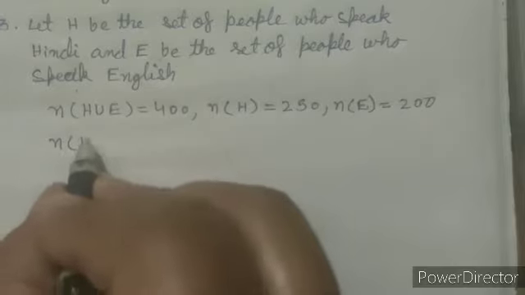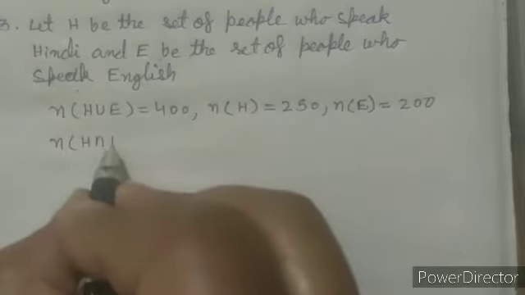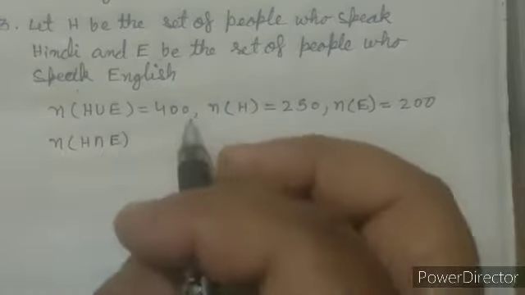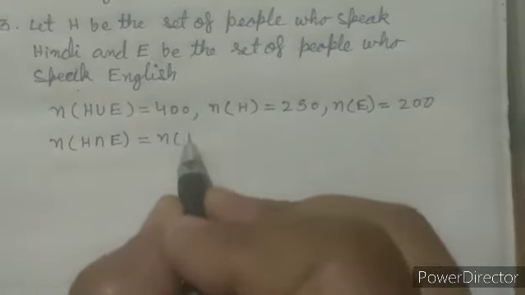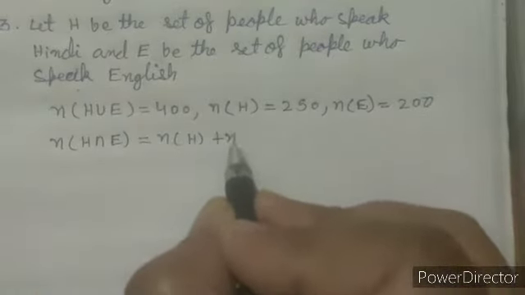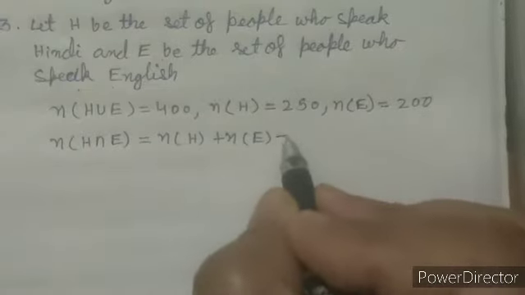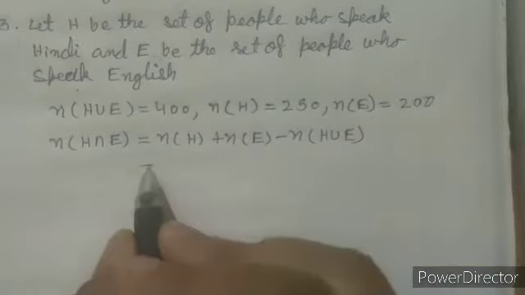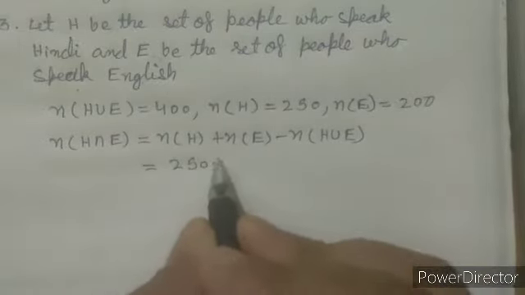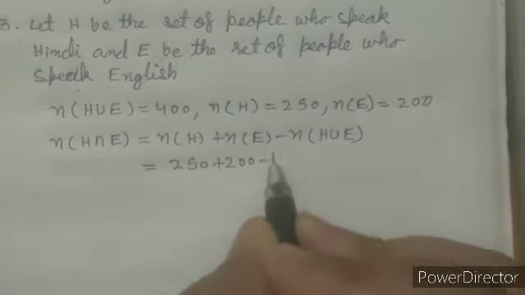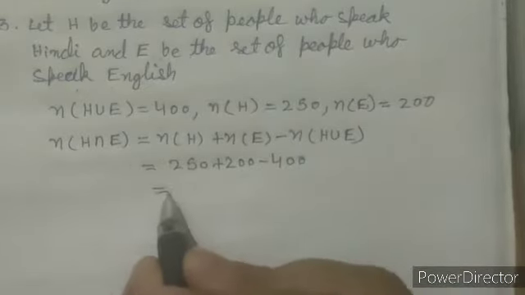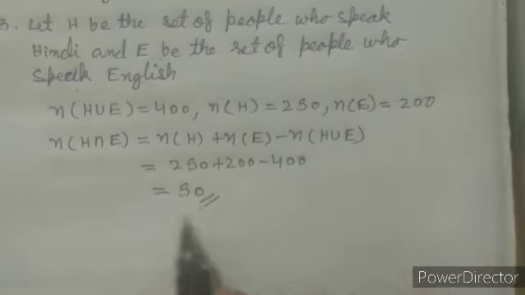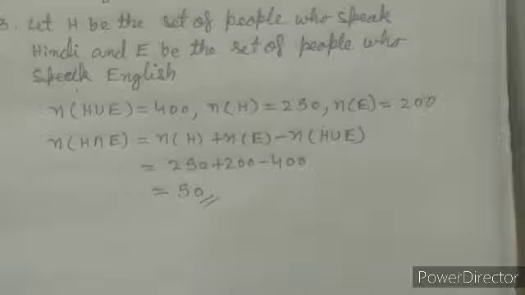That means we have to find n(H intersection E), and that will be n(H) plus n(E) minus n(H union E). This will be 250 plus 200 minus 400. That will be equal to 50. So the number of people who can speak both Hindi and English is equal to 50.